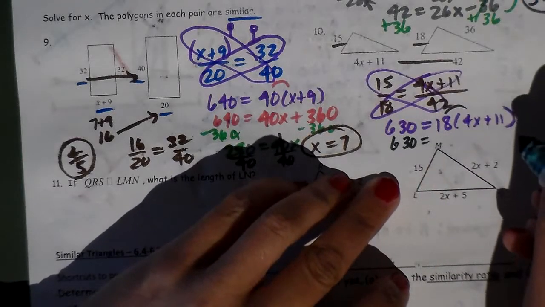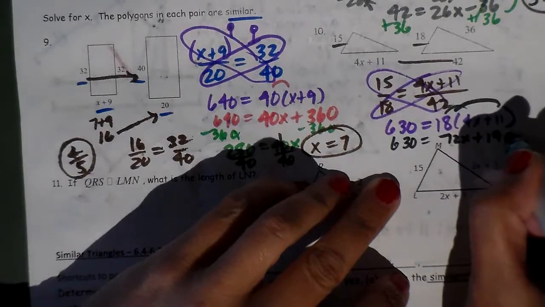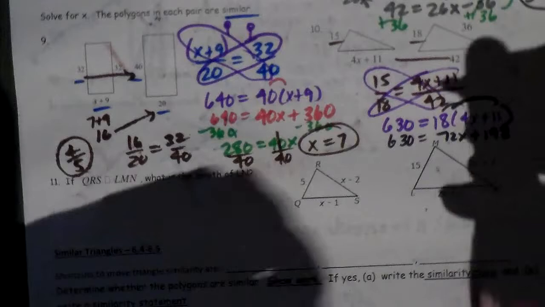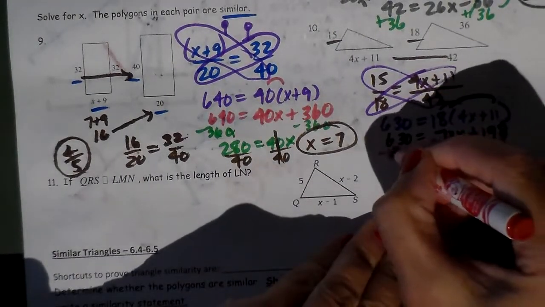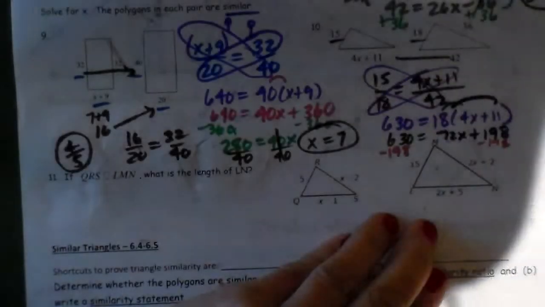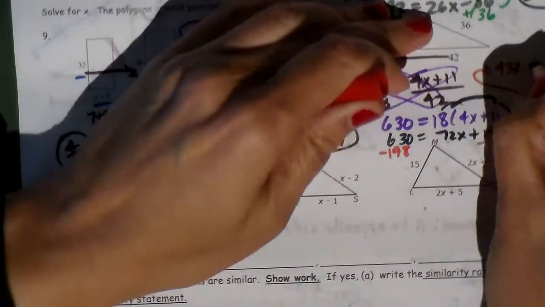So 4 times 18 is 72, so I've got 72x plus 198. My next step is going to be the subtraction, so I'm going to subtract 198 from both sides. And again, let's use the calculator because I don't feel like thinking. So 432 is equal to 72x.